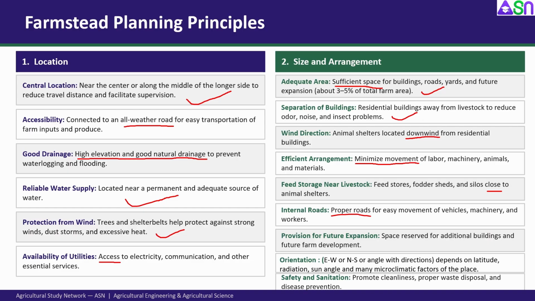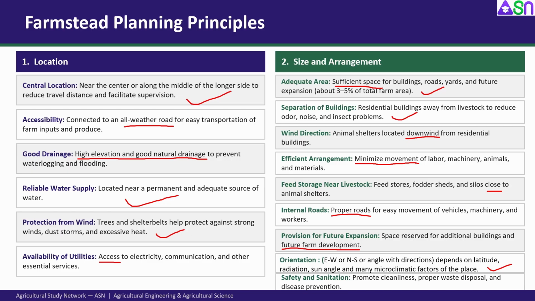When planning a farmstead, we always need to reserve space for additional buildings and future farm development. Similarly, orientation is one of the important factors to be considered while planning the farmstead layout. And orientation depends on the latitude of the place, radiation, sun angle, and many microclimatic factors of that place.